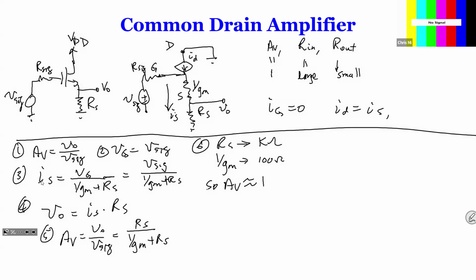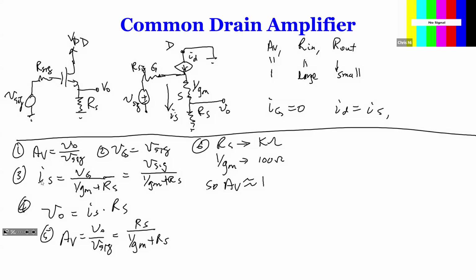So now next step is we want to find the input and output resistance. So in order to do that, I'm going to redraw the small signal equivalent circuit. I'm going to do it together. So the input resistance, it's going to be like input with IG, because IG equal to 0.